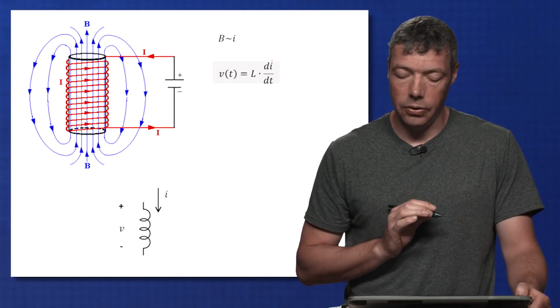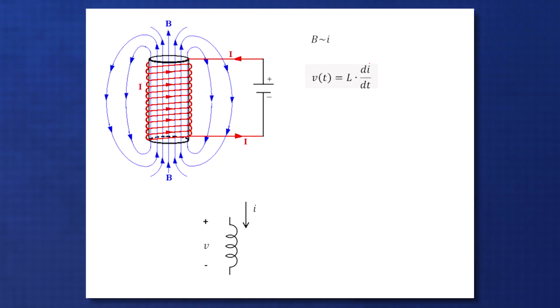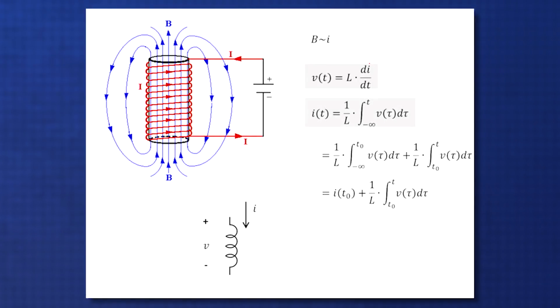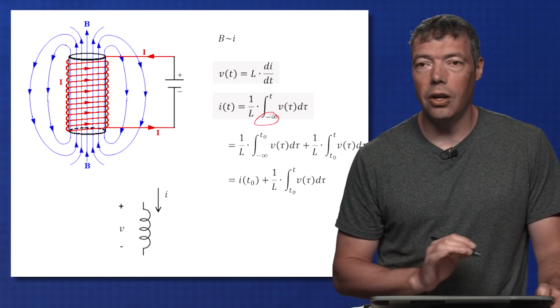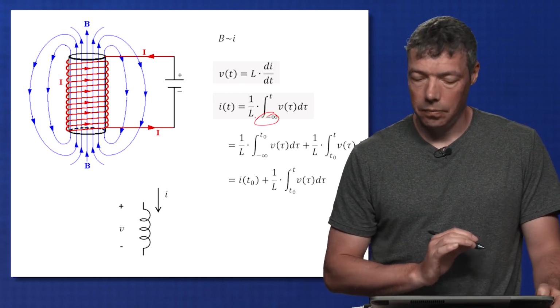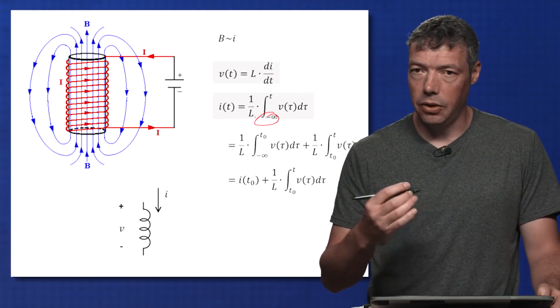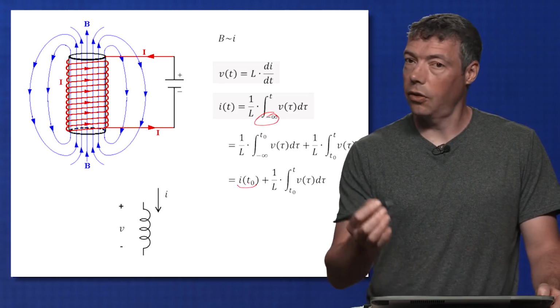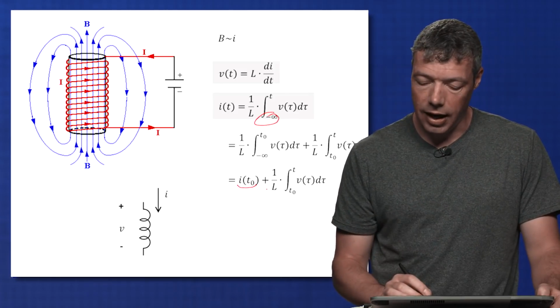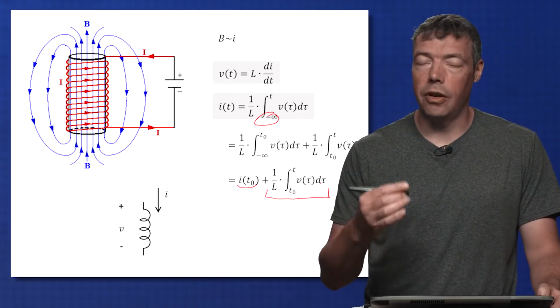Here it is the other way around. I can again write this in integral form. And the same thing, I in principle need to know what's happening all the way back to the beginning of time. But I can split up this integral in two parts. If I already know my current at some point in time, I can just look at the time evolution from that point forward.